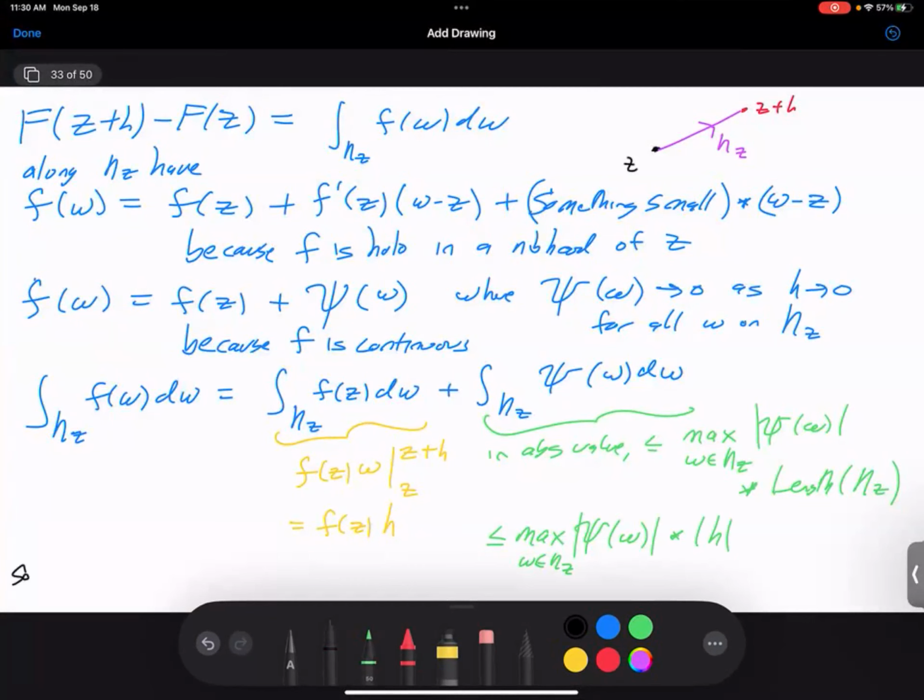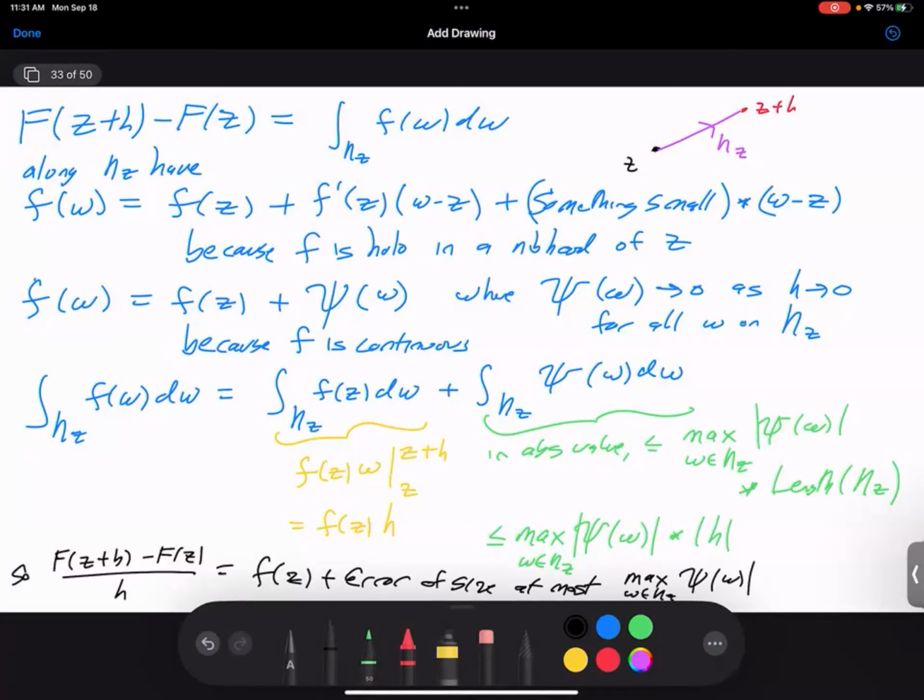So big F of z plus h minus big F of z divided by h is going to be just f of z plus an error of size at most the maximum w in eta of z of c of w.